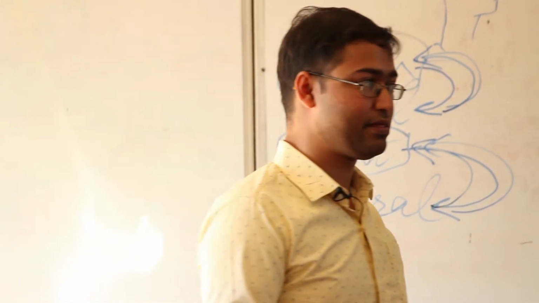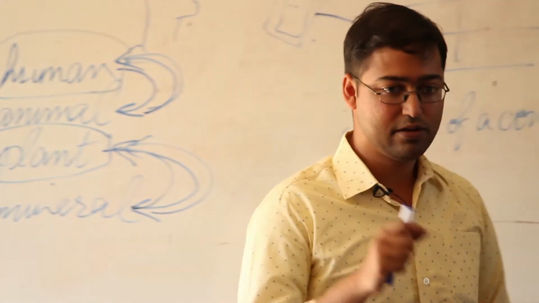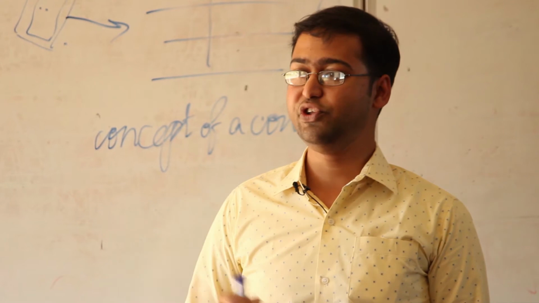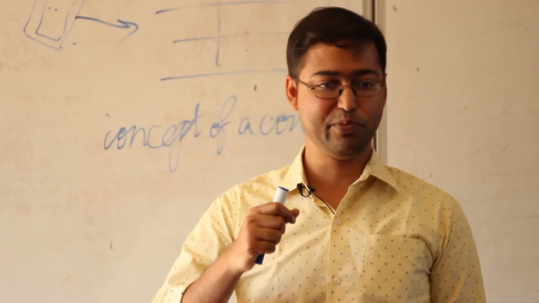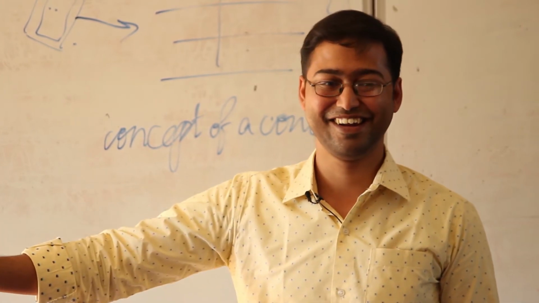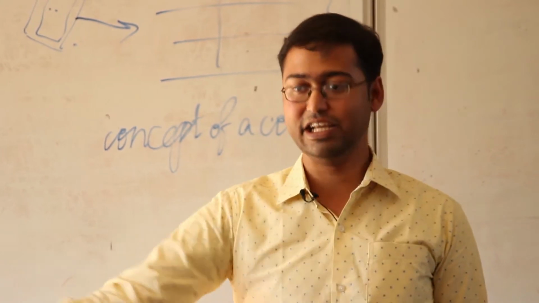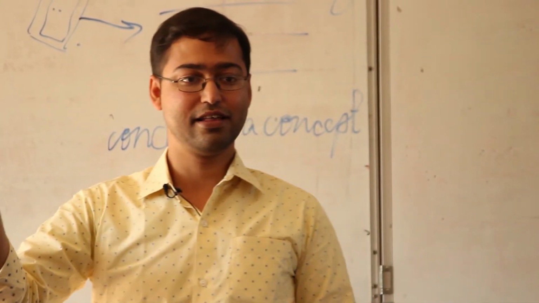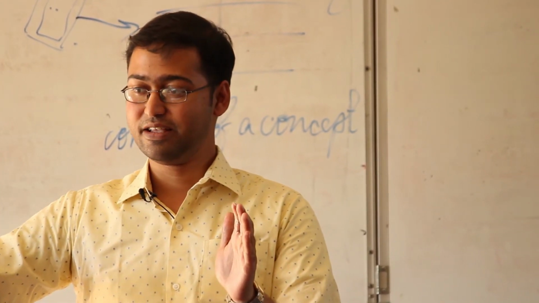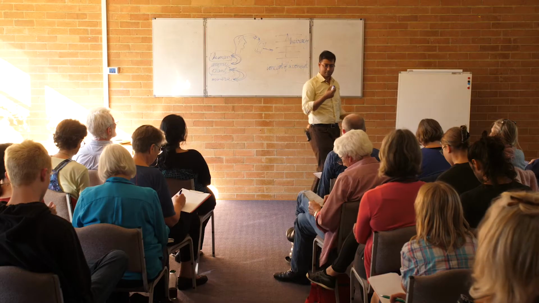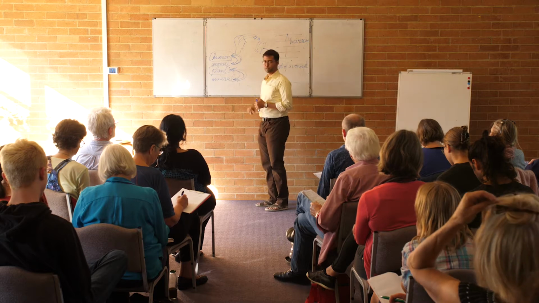And the same thing happens with the relation between human and animal, because what is the key feature of animal behavior? As soon as there is an input, there is an output. As soon as there is a sensation, there is a reaction. There is nothing that comes in between sensation and reaction. So the nervous system of the human being is something that we share in common with animals.